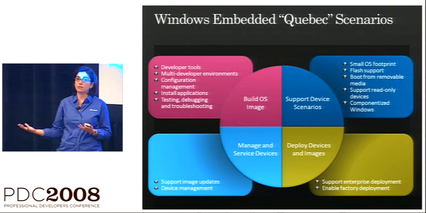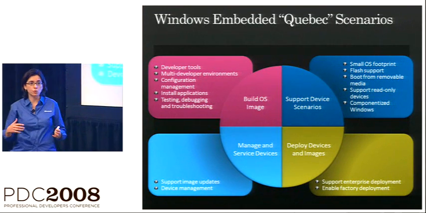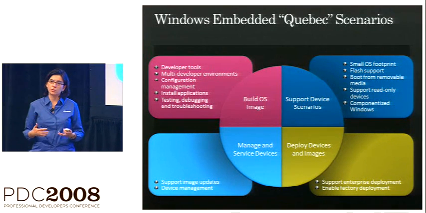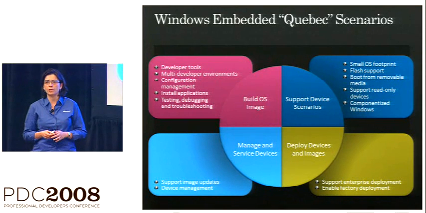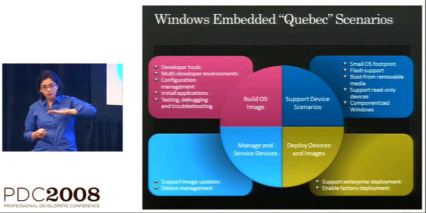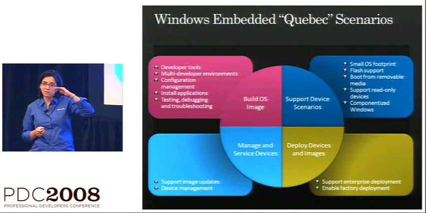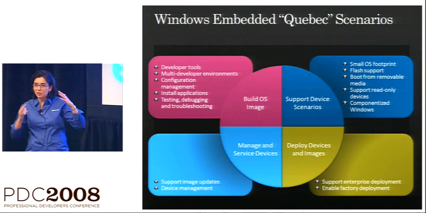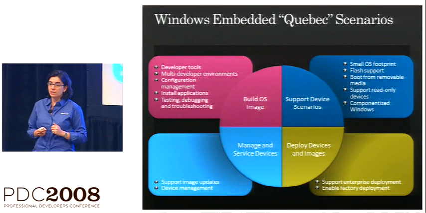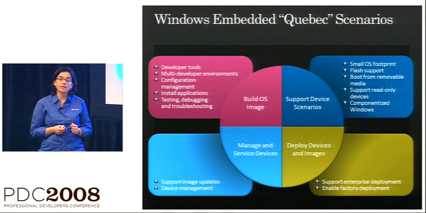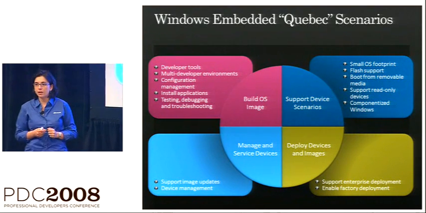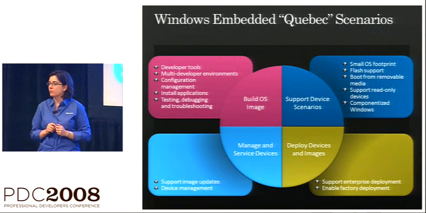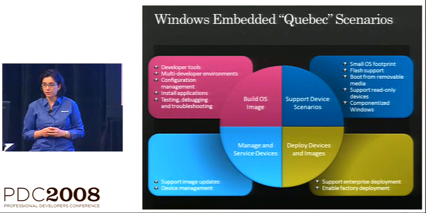Then you need to maybe integrate third-party applications and play the role of a system integrator with hardware and software. And then finally, you have to deal with a lot of testing, debugging, troubleshooting across all layers, across hardware, BIOS, operating system, and application, and these days services and Live Mesh and Windows Azure and all that. So it gets pretty complex for an embedded device developer. And our product attempts to address all these different developer needs through various tools and scenarios that it supports.